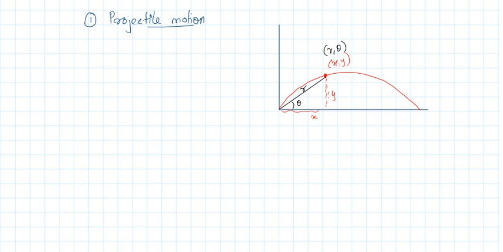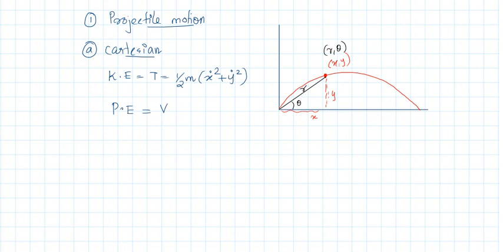First, consider the case of Cartesian coordinates. Kinetic energy is half m (x dot square plus y dot square), the kinetic energy in two dimensions in the Cartesian coordinate system. Potential energy V is m g h, where h is the height from the reference level, which here is y.